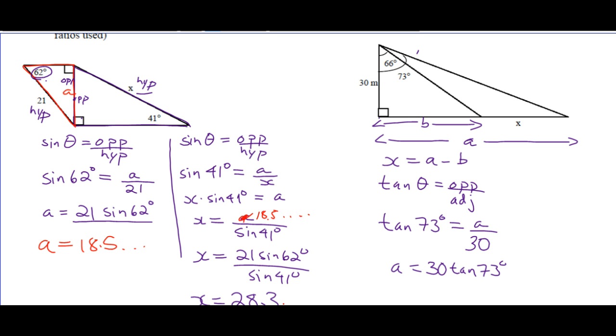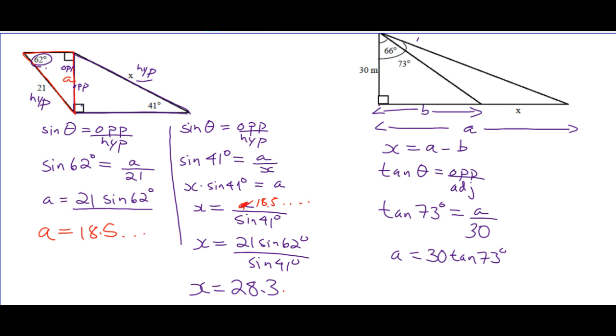Okay, we're going to do the exact same thing, only with 66 degrees and b. So the tan of 66 degrees is little b over 30, right? We're in this triangle here. So b is equal to 30 times the tan of 66 degrees. Now we have expressions for a and b.